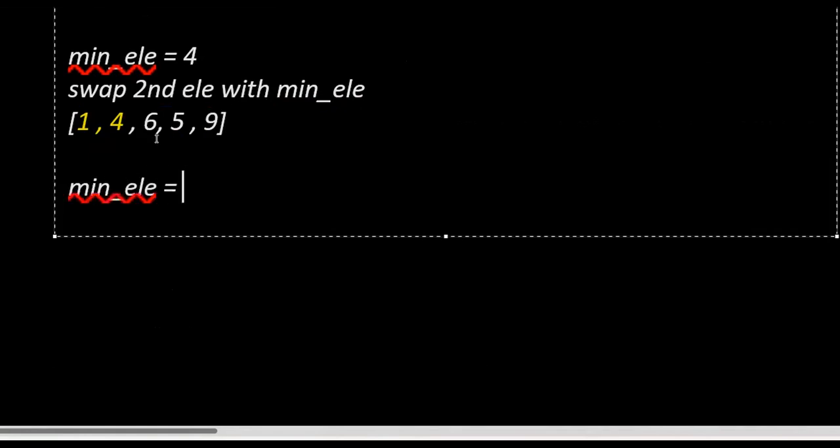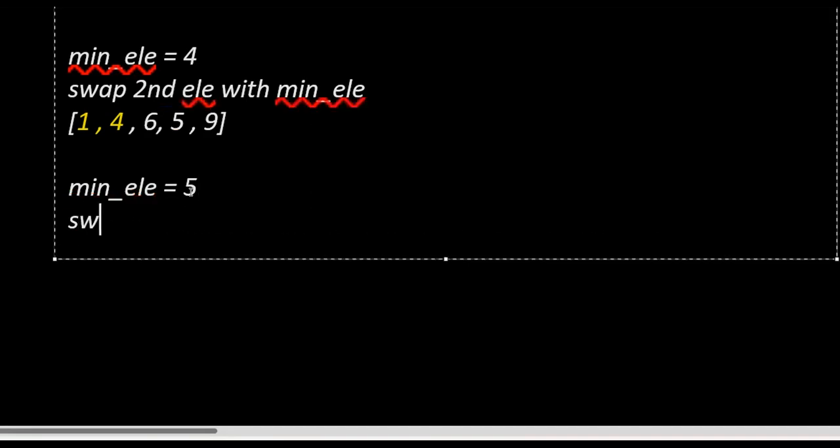What is the minimum element among this list? My minimum element is 5. So I need to swap the third element with the minimum element.